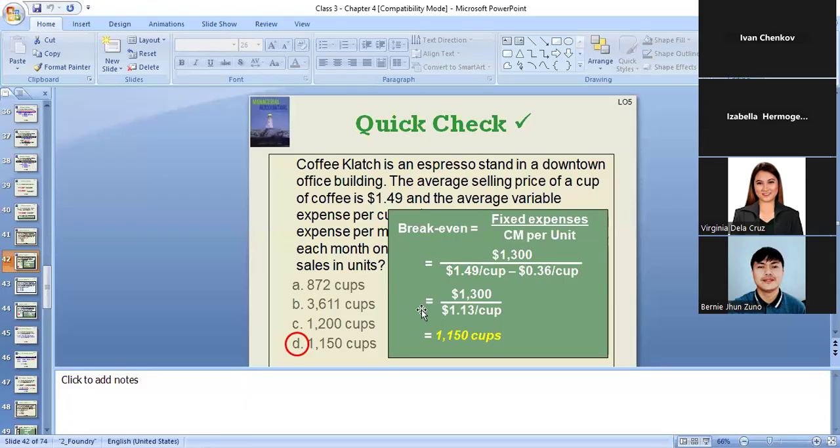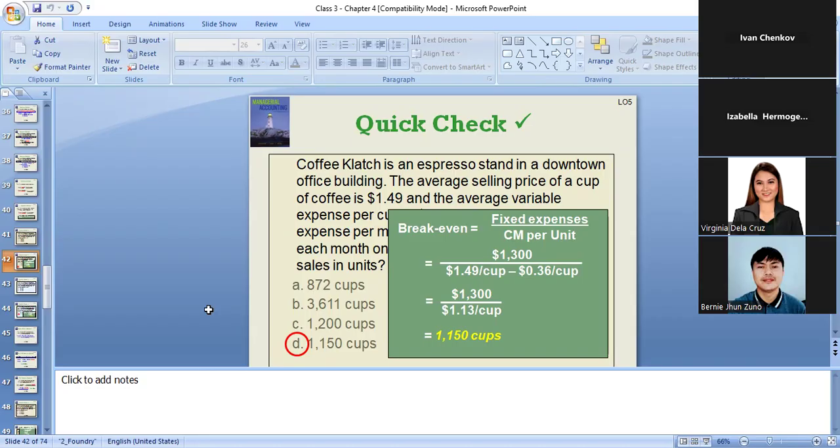The number that we're getting is 1,160. I made a mistake here. Let me see why we're deviating from the answer. It's 1.49.